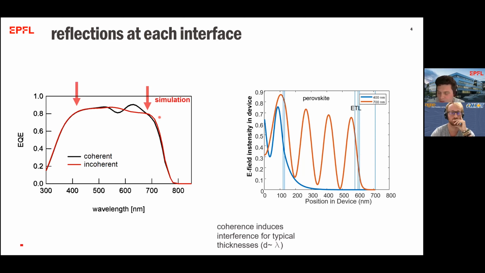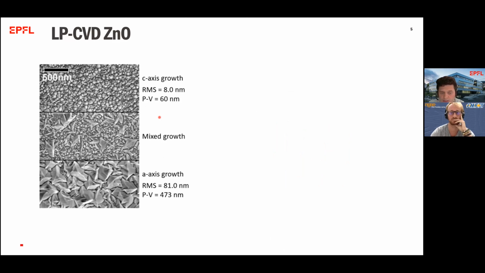To do so, we used some old tricks that have been used quite heavily in microcrystalline silicon. Namely, we grew zinc oxide with a low pressure CVD process. By tuning the parameters, that means the temperature and the gas fluxes of the precursors, diethyl zinc and oxygen, you can tune the morphology and dictate in which direction the zinc oxide grows.